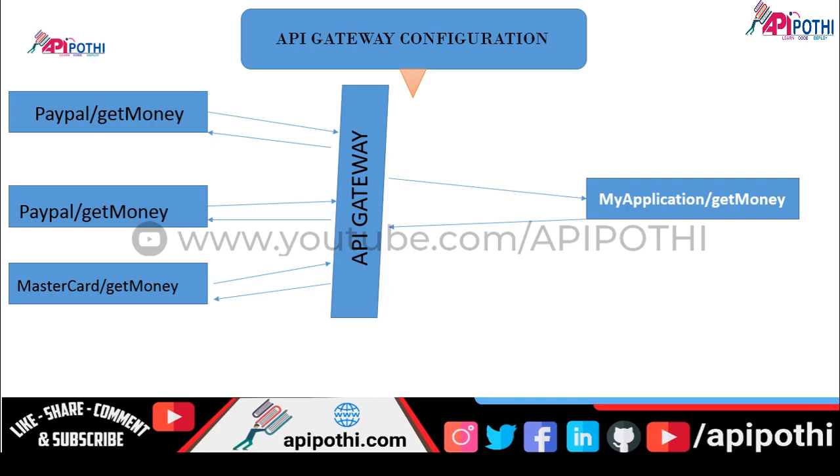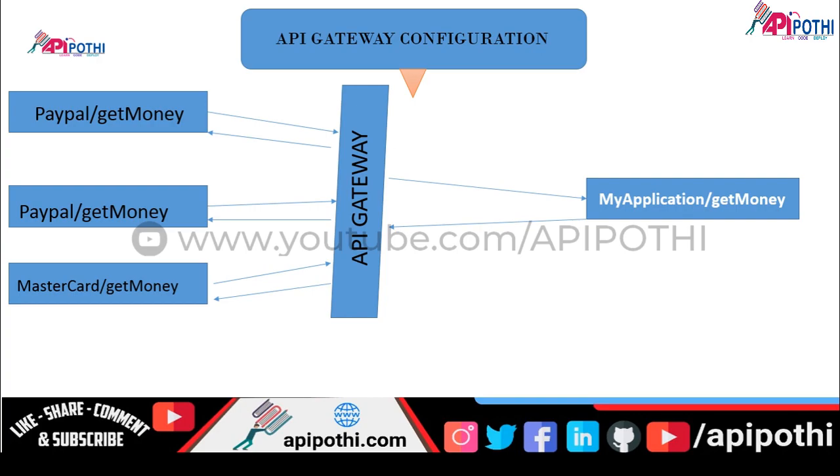The API gateway will first receive the request from PayPal or MasterCard or another vendor, and it will validate whether this request is eligible to hit application B or not. If it is eligible, then the first task is done for the API gateway.